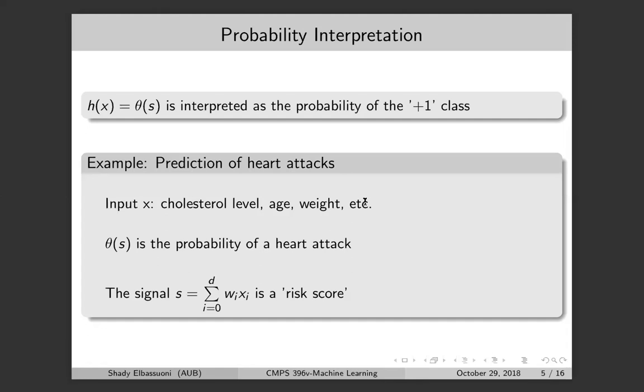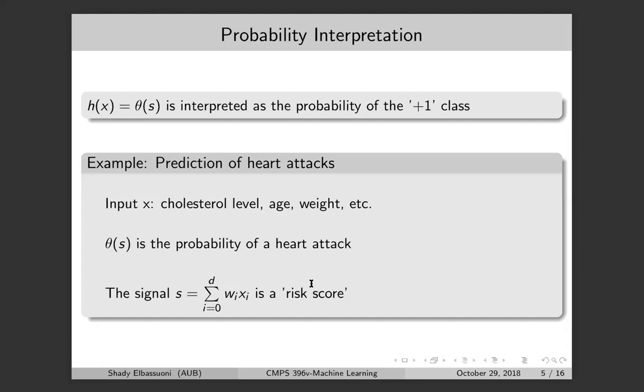So theta of S is the probability of a heart attack, and S itself is going to be something called a risk score. It's how much risk a person has for getting a heart attack. So the signal, which is the summation from i = 0 to d of w_i x_i, where x_i are the features, is just a risk score.